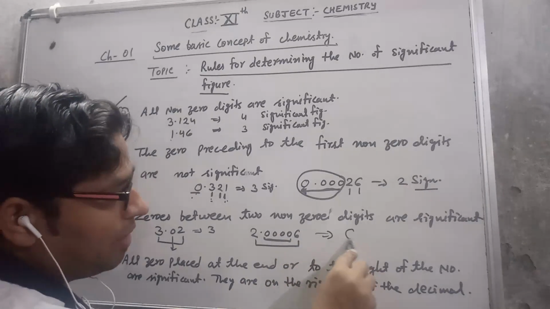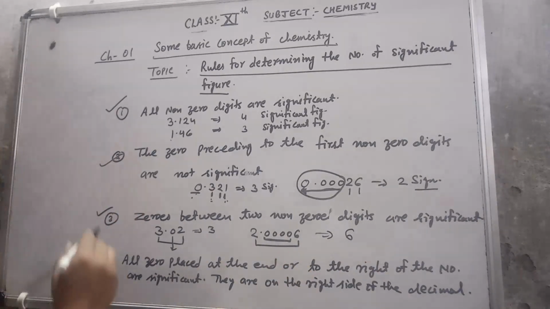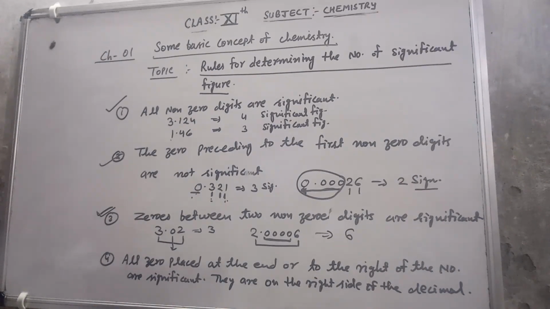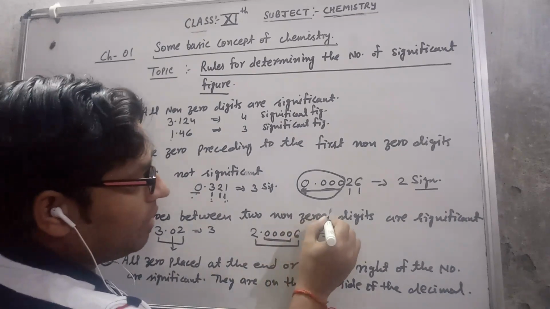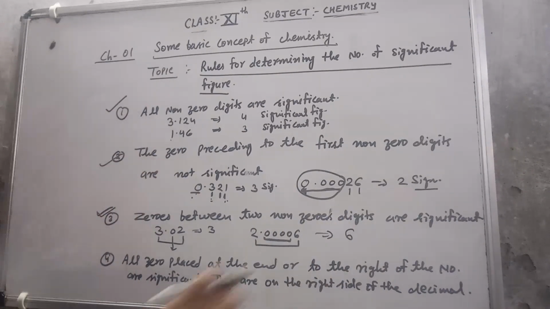So the total is 6. That is the third rule, that zeros present in between two non-zero digits are also counted as significant figures.